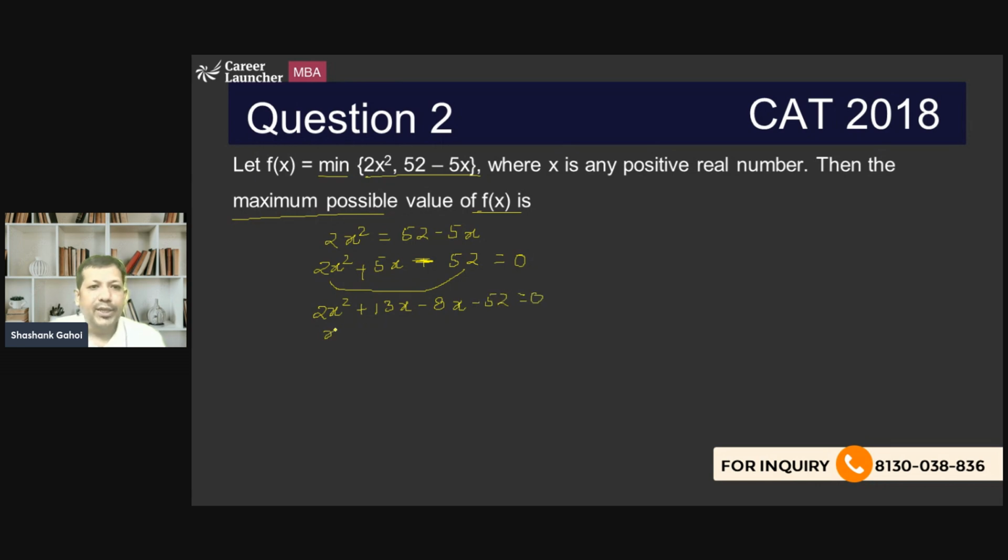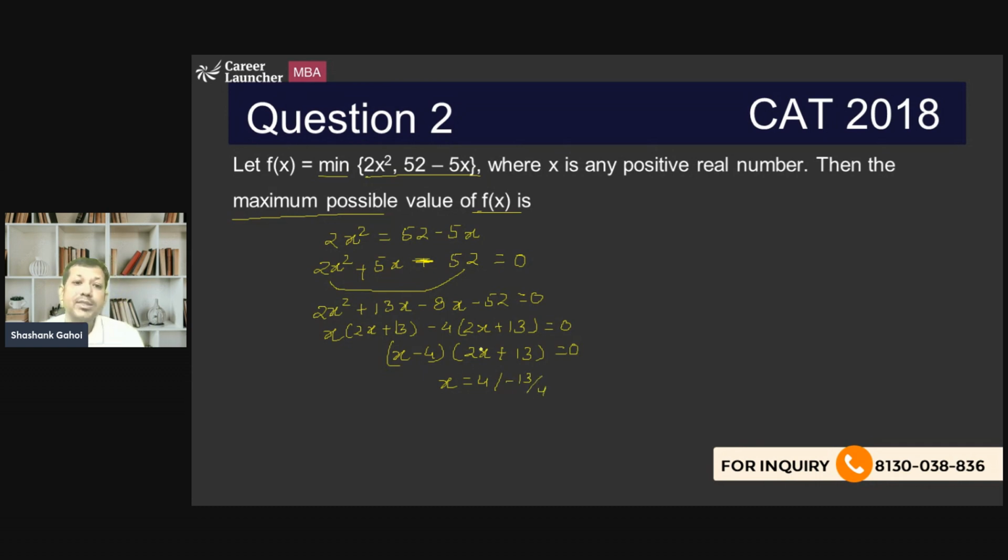Take x common, x times (2x plus 13), minus 4 common, (2x plus 13), and that's equal to 0. So from here, I am going to get two values: x is equal to 4, as well as x is equal to minus 13 by 2.